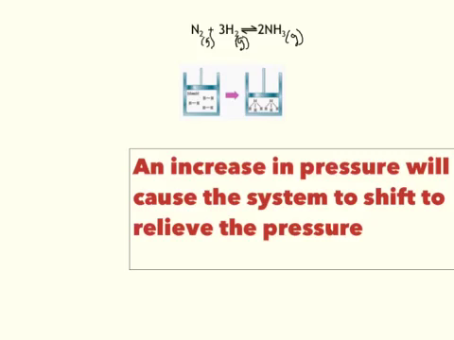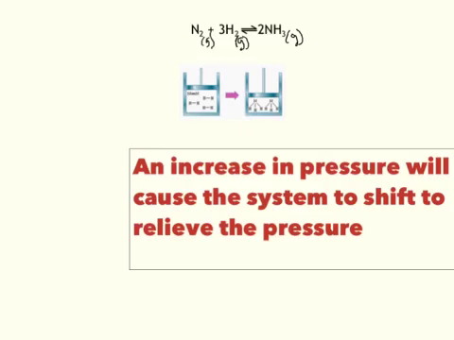So, in the event of an increase in pressure, in this case caused by a decrease in volume, the equilibrium is going to shift to relieve that increase in pressure. That means it's going to shift in whatever direction is going to take up less space.